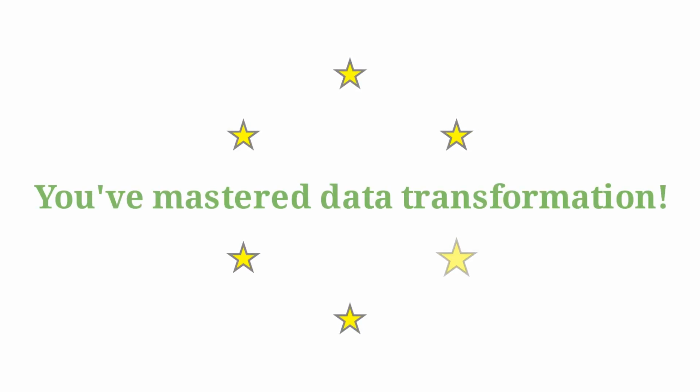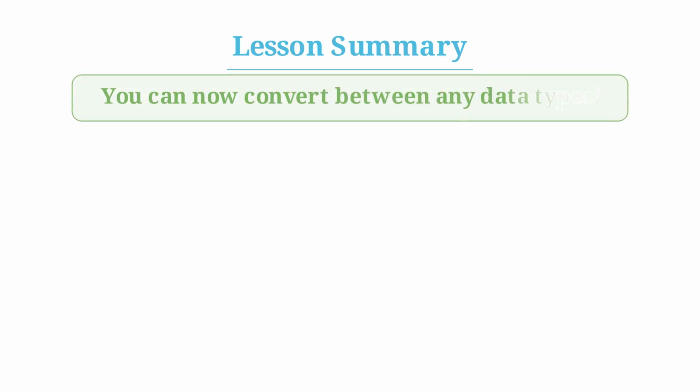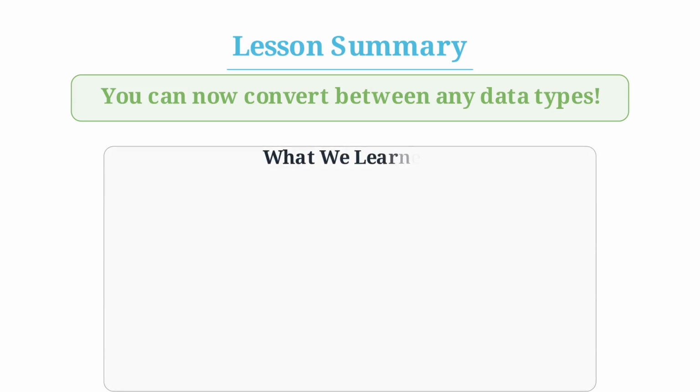Outstanding work! You've just learned to transform data like a programming wizard. What an incredible journey through data transformation. We discovered that functions are Python's tools with parentheses. We mastered the three conversion heroes, int, float, and str.